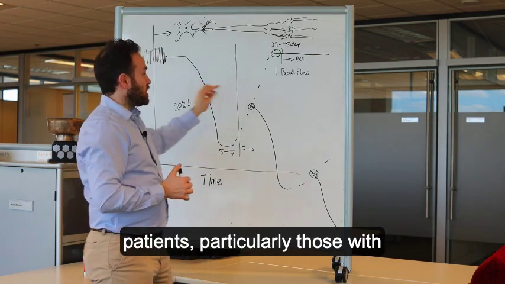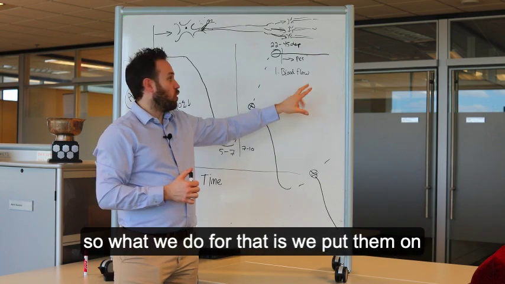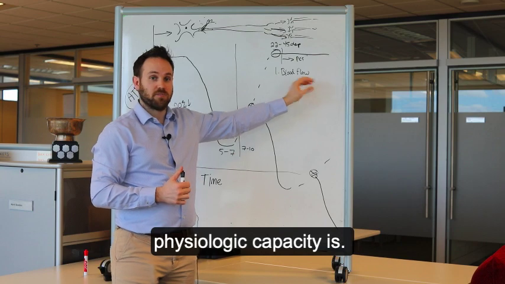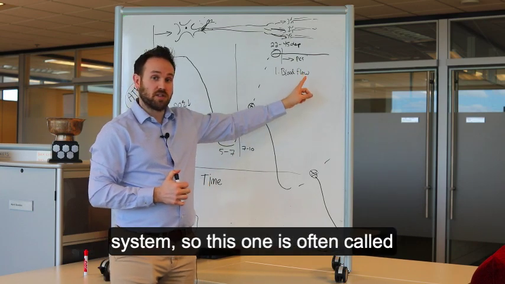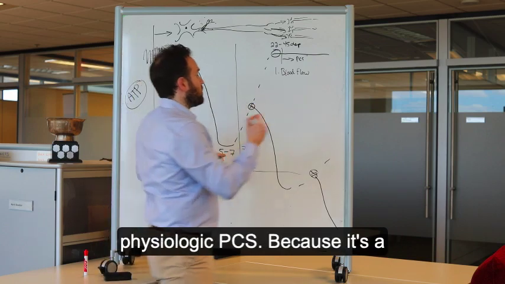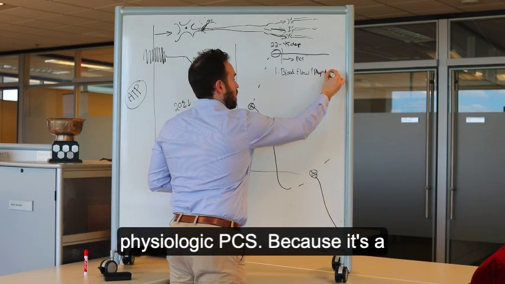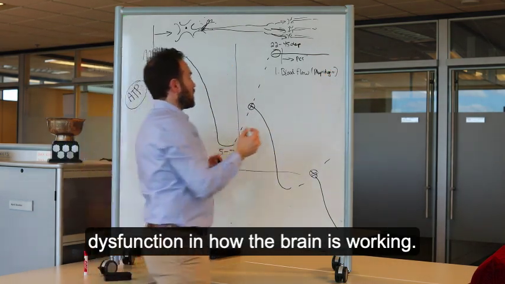But in patients, particularly those with persistent symptoms, this can linger. What we do for that is put them on the treadmill and assess their physiologic capacity. This is also affected by their sympathetic and parasympathetic nervous system. So this one is often called physiologic PCS because it's a dysfunction in how the brain is working.